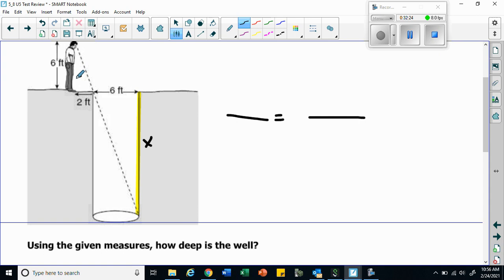So I'm going to start with the small. This is my small. This is my large, right? So my height here is 6. So I'm going to do 6 over my depth right here, which is X. And then I'm going to do my base, which is 2 over, what's the base here? My other side here, which is 6.